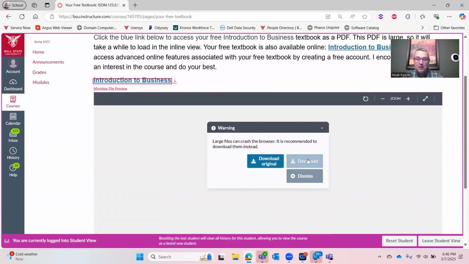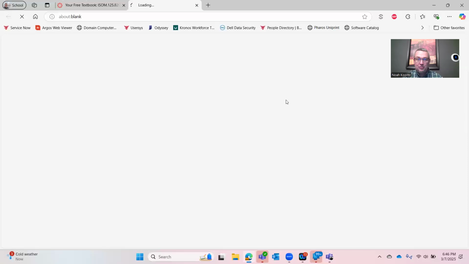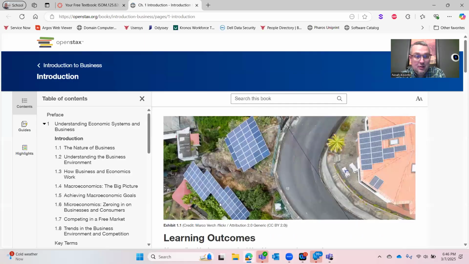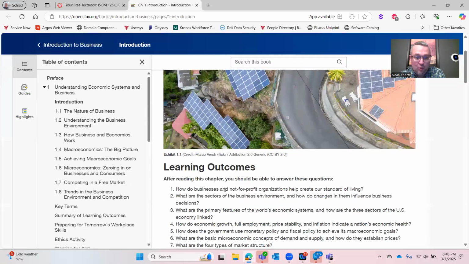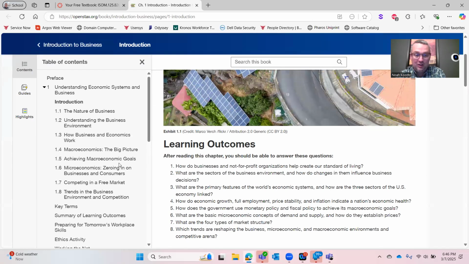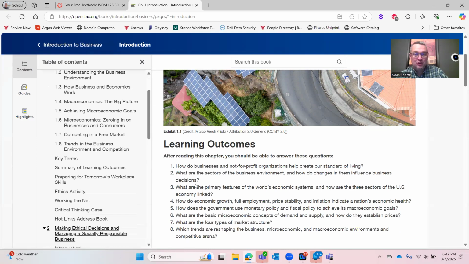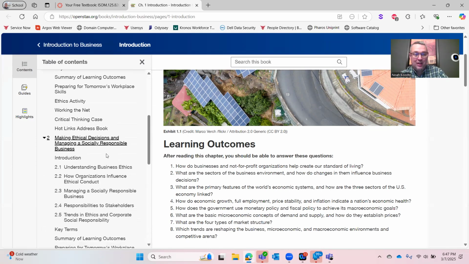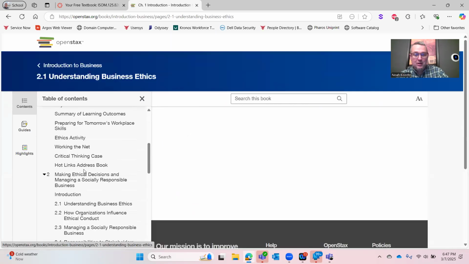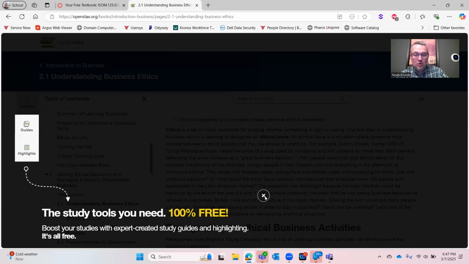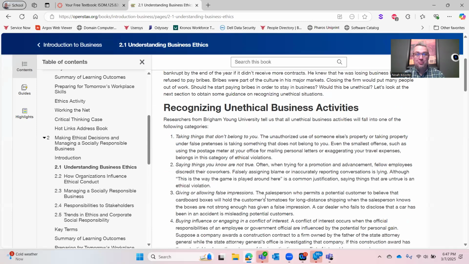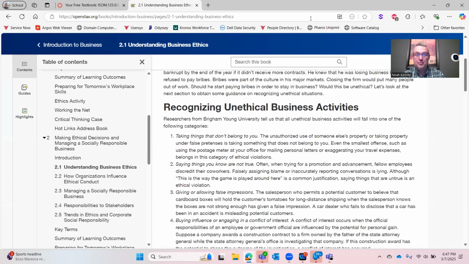You'll also have access to a web version of your textbook, but you can either do that or download the PDF I just showed you. Each one of these will show your different chapters and everything that happens within each of the chapters. If you have any questions about this, please come see me.